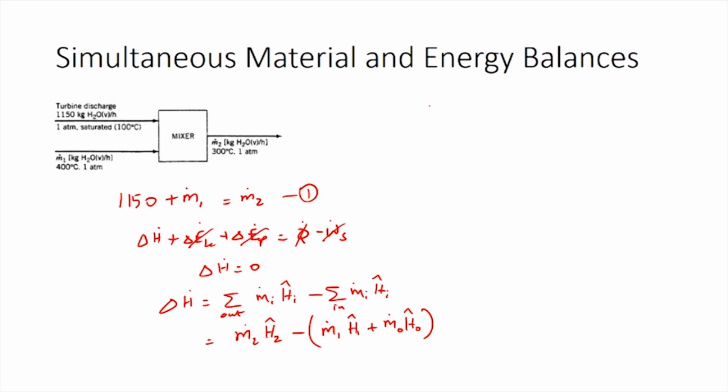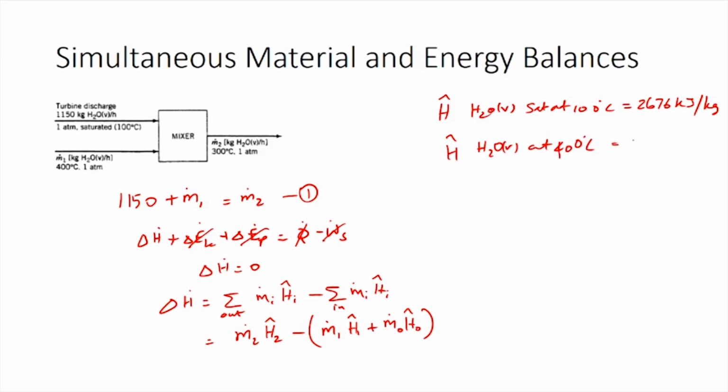Looking up the steam tables, we can identify these values. The specific enthalpy for water vapor which is saturated at 100 degrees Celsius is 2676 kilojoules per kilogram. The specific enthalpy of water vapor at 400 degrees Celsius, this is the superheated steam, would be 3278 kilojoules per kilogram.